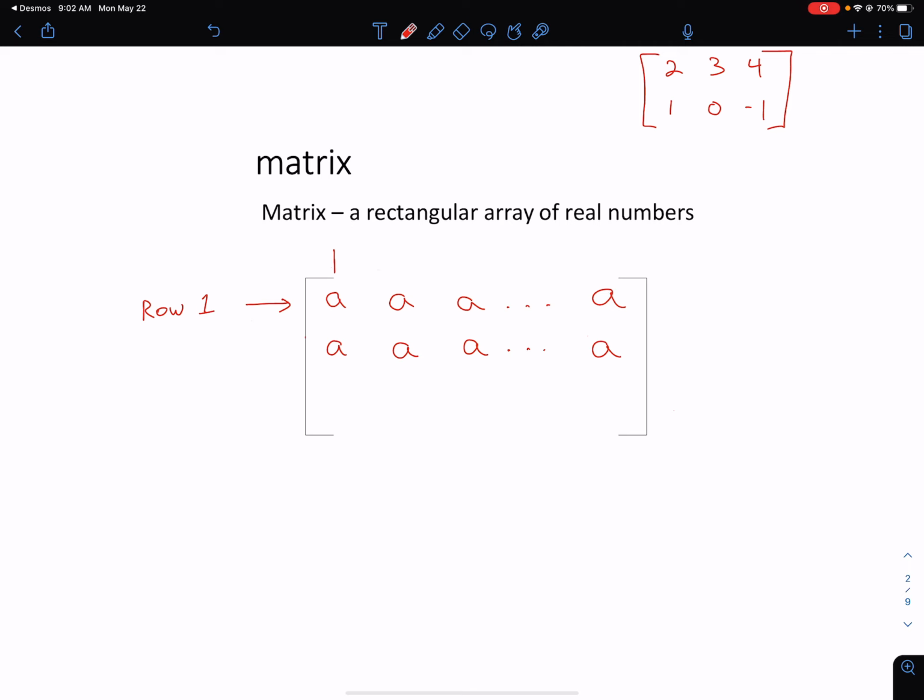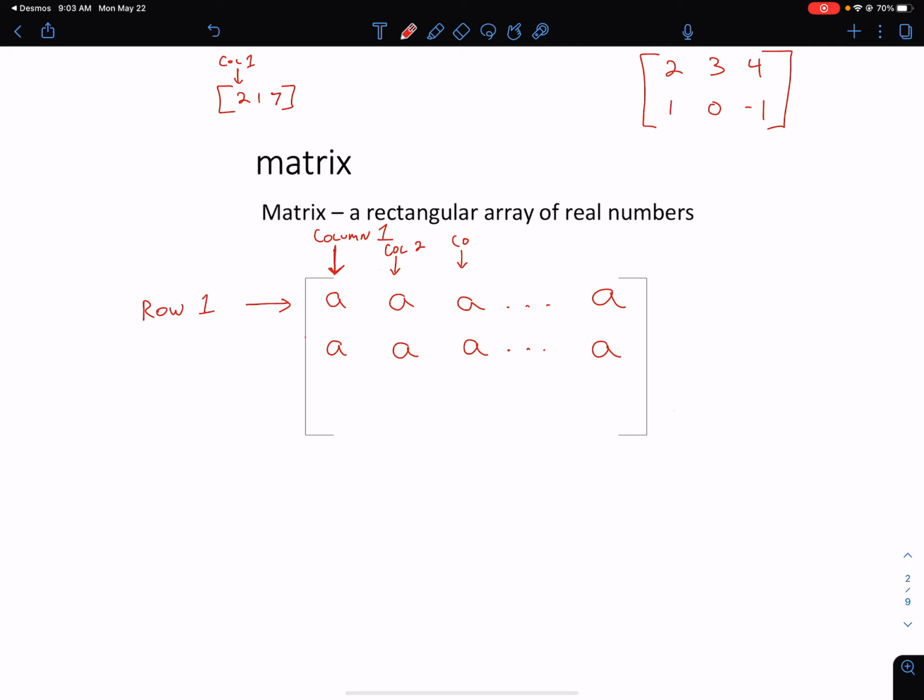And when I start to put in more rows, this will be called a column. I could have a matrix that has only one row, and it still has columns. That would be column 1. So this column right here is column 1. This would be column 2.